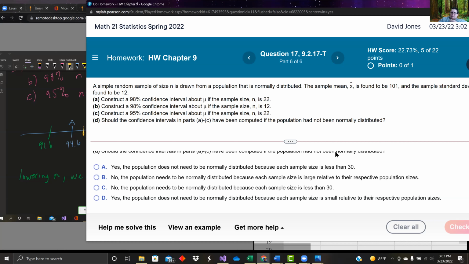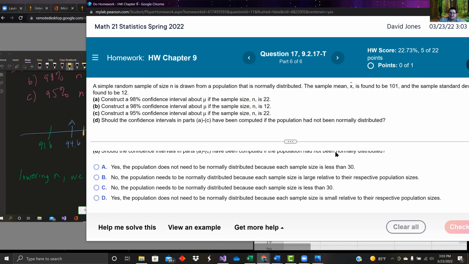Well, we wanted n greater than or equal to 30. And in none of these cases was n greater than 30. So the other thing was that we wanted to check the QQ plot for the correlation statistic to see if it's approximately linear. And we wanted to check the box plot.